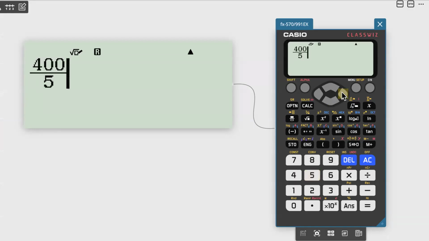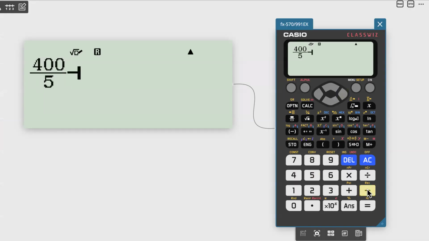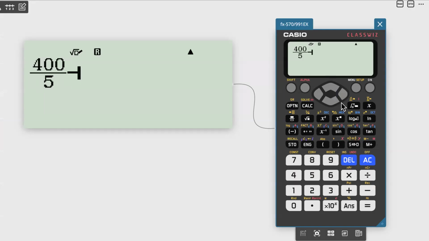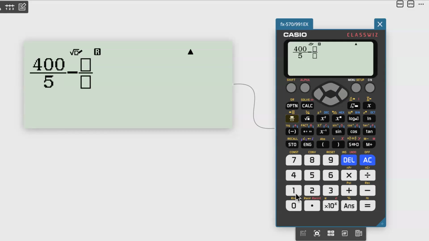Then take away. First we will do sigma x over n. Sigma x is 100, divided by 5.